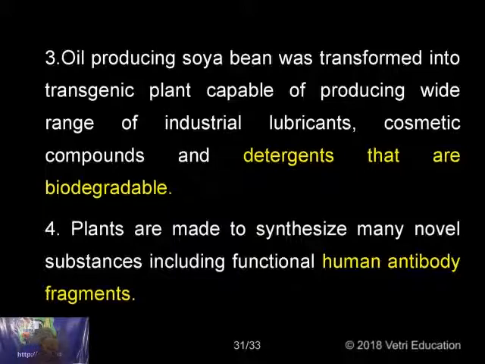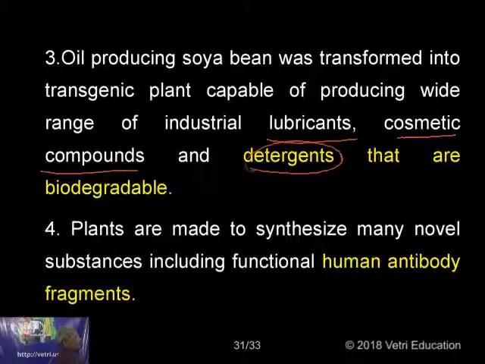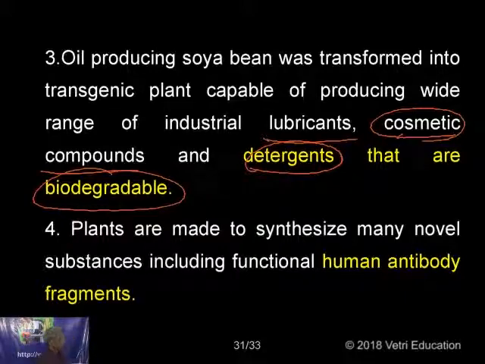These are all very harmful to human beings, and by introducing this biotechnological process, we have made these products biodegradable. In pollution you will be reading that a particular structure is biodegradable or non-degradable. If a compound is biodegradable, then it's not adding anything more to the pollution. Some compounds are made biodegradable very easily.